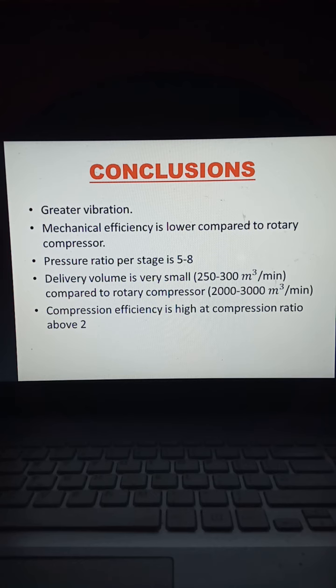So for continuous supply and for medium pressure application, we use rotary compressor. So the volume flow rate of rotary compressor is much better as compared to reciprocating air compressor. And finally, as the compression ratio increases, the compression efficiency also increases, which is clear from the equation. So these are the conclusions and these are the topics which come under reciprocating air compressor.